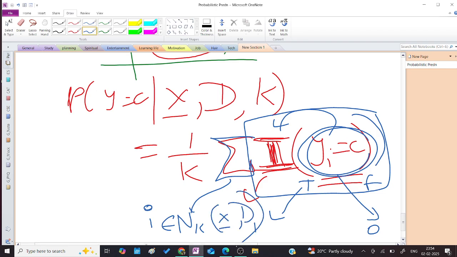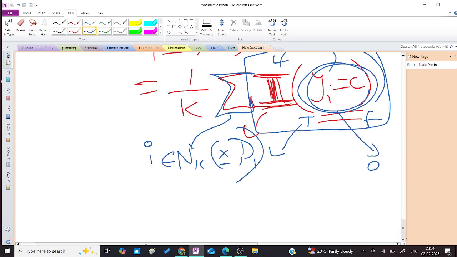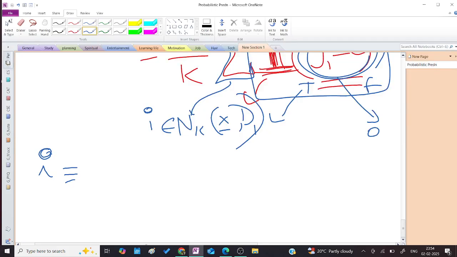Right? So what is i? i is the index of the points of the input.